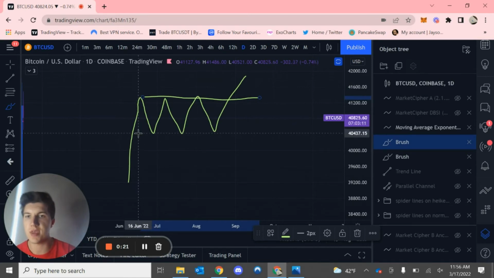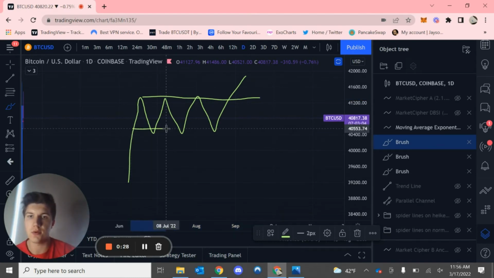And then once a low of the possible range has been established, you guys can draw again another horizontal line on the supports.